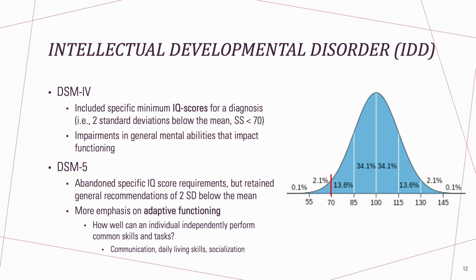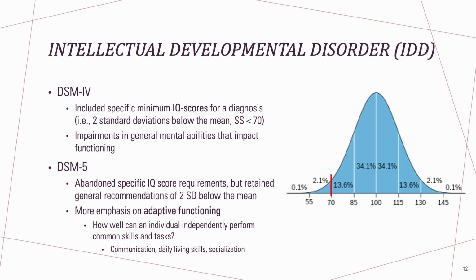So remember from our assessment chapter and talking about cognitive testing, IQ has a mean score of 100. So here is 100 in the middle, and with this particular measure, I think we use the WISC, we have 100 to 115 in one direction and 100 down to 85 in the other direction.